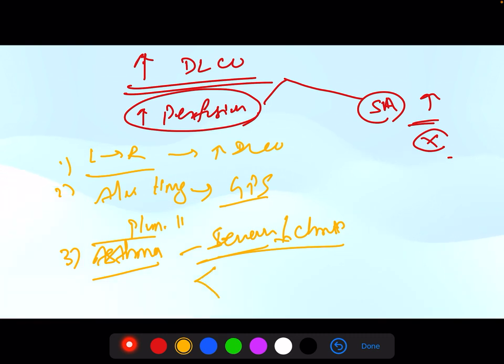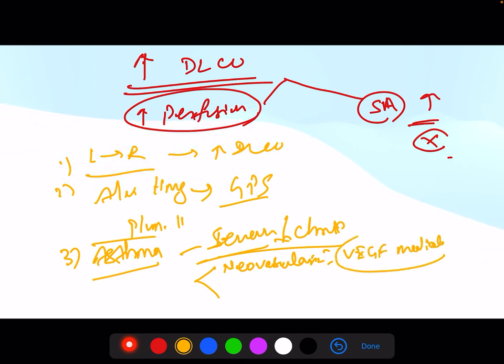First, there is a concept of neovascularization, which is VEGF mediated, which is same as the diabetic retinopathy component in chronic diabetic patients, and the neovascularization there in retina is mediated by vascular endothelial growth factor, which is implicated in the same mechanism in severe asthma.